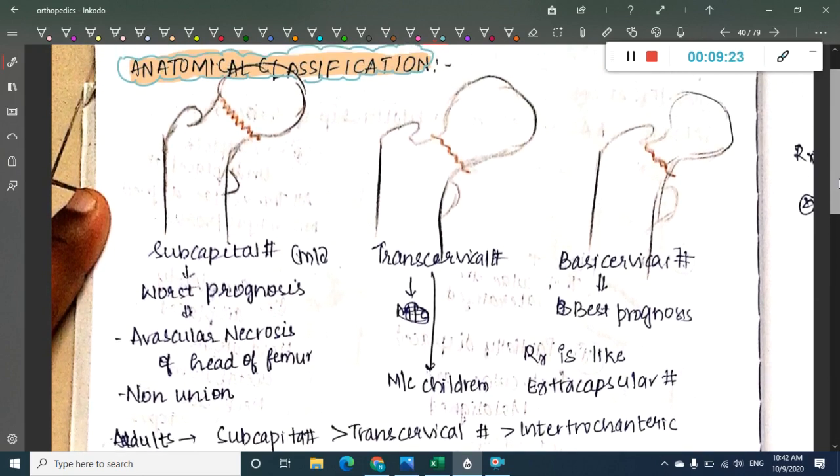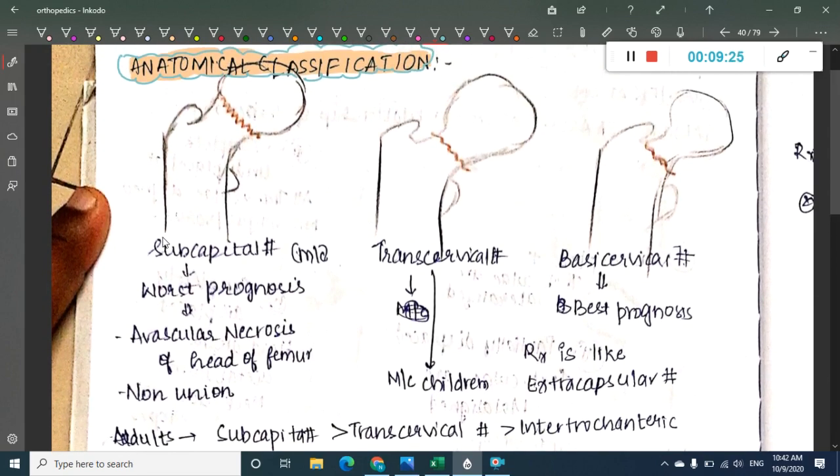So one is subcapital fracture. This subcapital fracture is the most common type. Capital is head, right? Sub is below, just below the head. So this is the head of the femur, and just below the head we have the fracture line, and that is called a subcapital fracture.